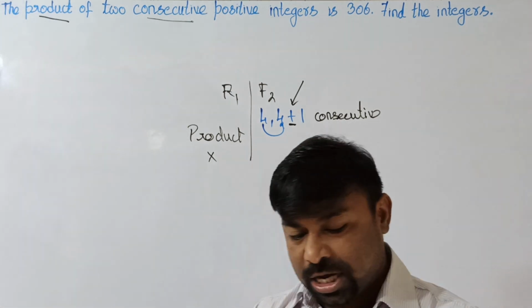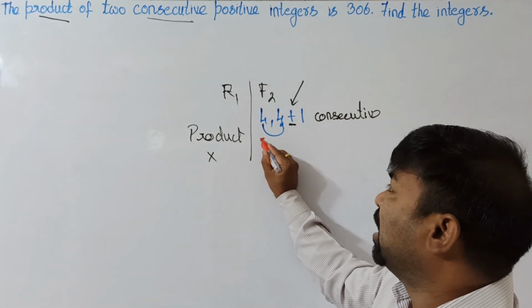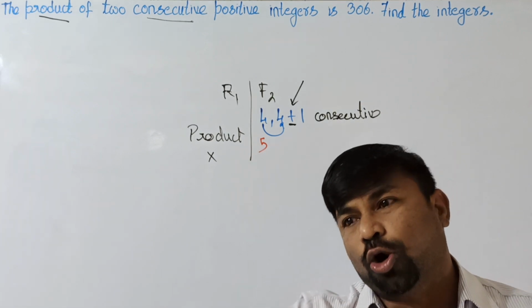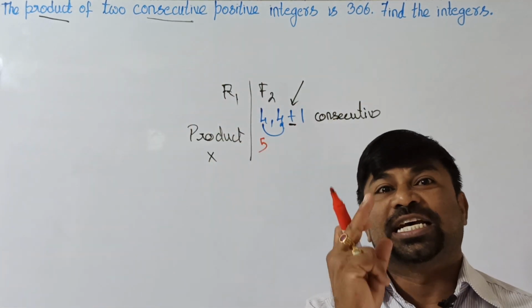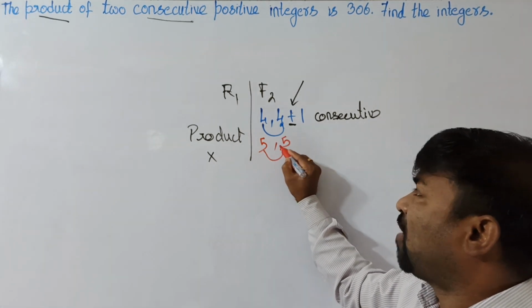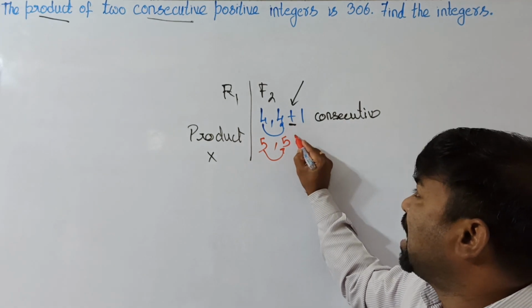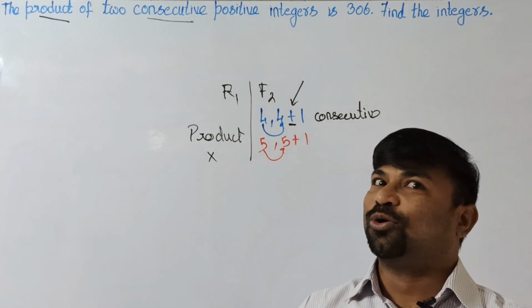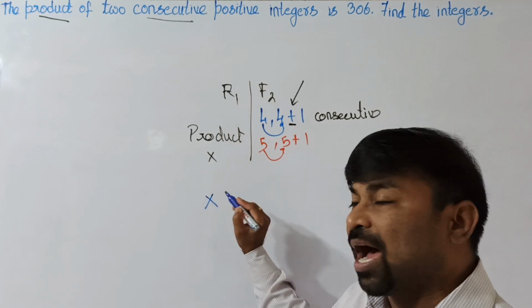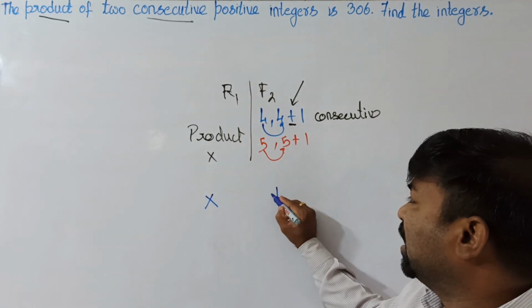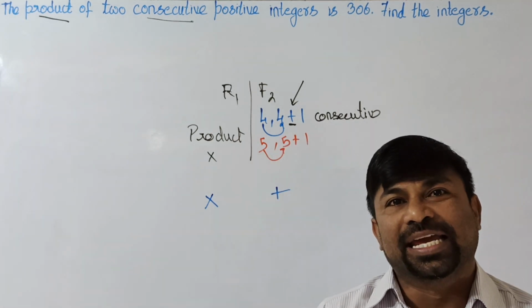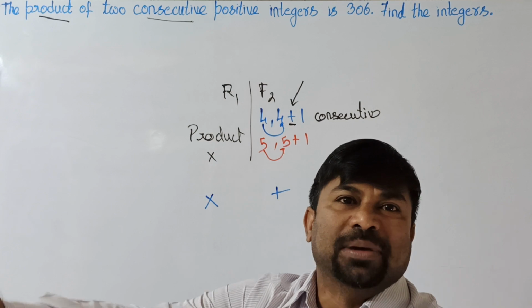Let me repeat: suppose you have the number 5 as the original number. To know the consecutive to that, just add 1. The original number stays as it is, 5, and we add plus 1. So one relation we are getting is times, and the other relation is sum. Now we have to think: are we getting the relations from the same family?